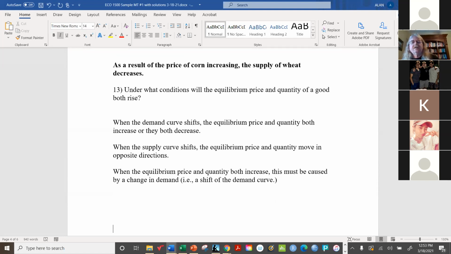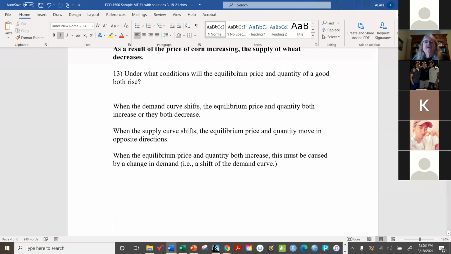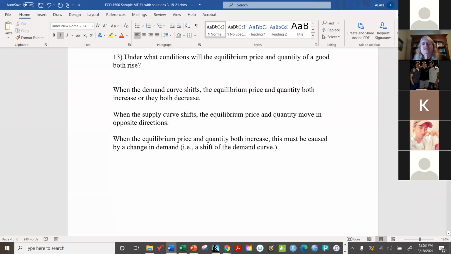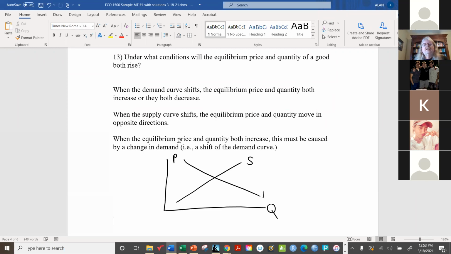And if you're not sure, again, try to draw the picture. So let's see what could cause both of those to go up. Let's just start by letting this demand curve go up and let's see what happens. Oh, I think we're on the right track right now.